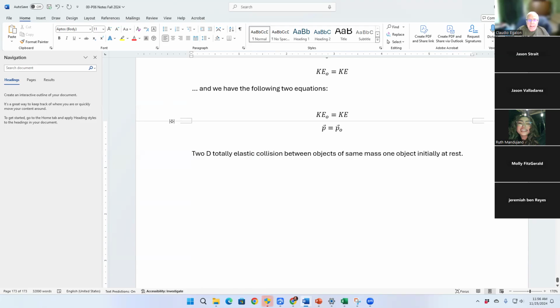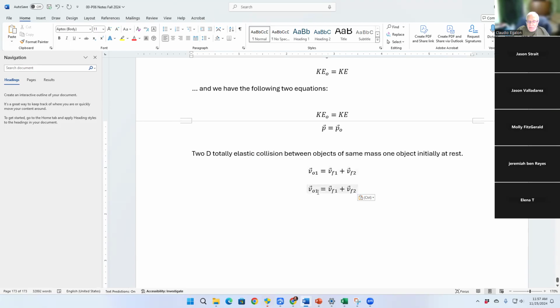We get that interesting result that you saw. Here you go. Initial velocity vector of 1 is equal to final velocity vector of 1 plus final velocity vector of 2.